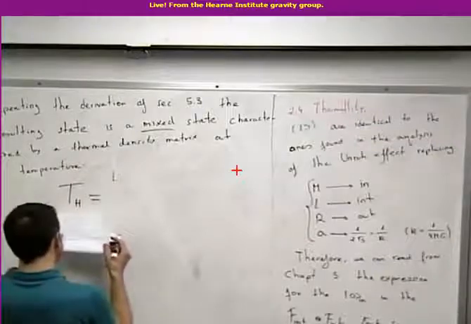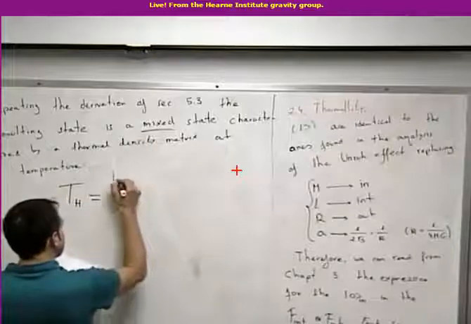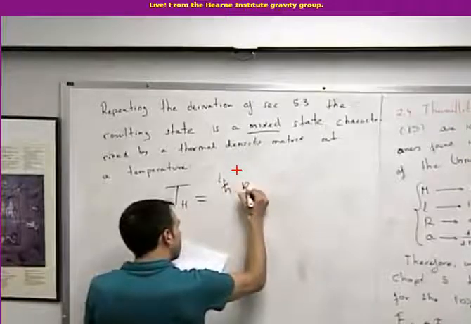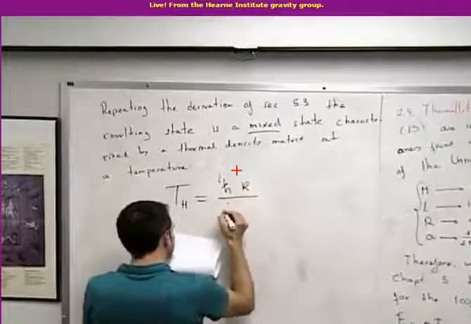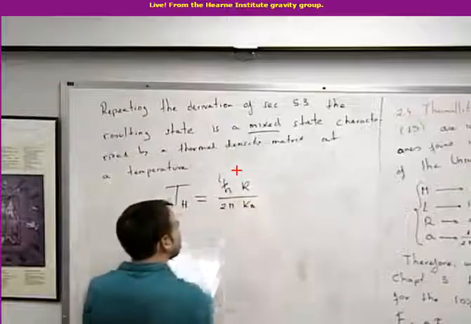So it is h bar, put in all the constants, kappa, which plays the role of the acceleration, over 2 pi, and the Boltzmann constant.